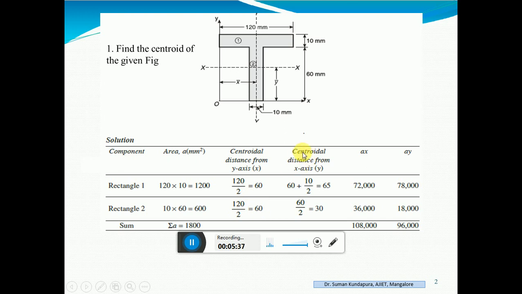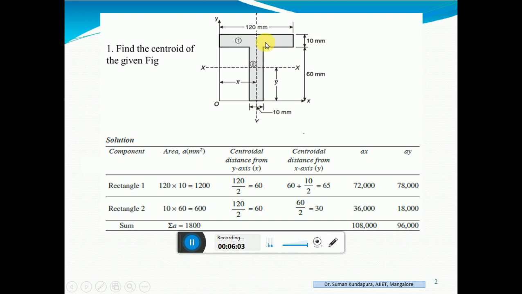Next, move on to the centroidal distance from the x-axis, that is the y distance of each figure. Okay. So, first let us solve for rectangle 1. You have to reach this point from this axis. What is the distance from this axis? First, you have to cover 60 millimeter.